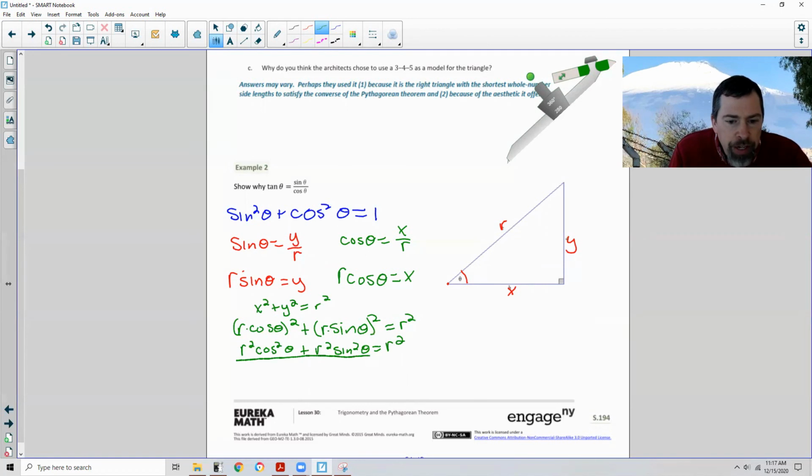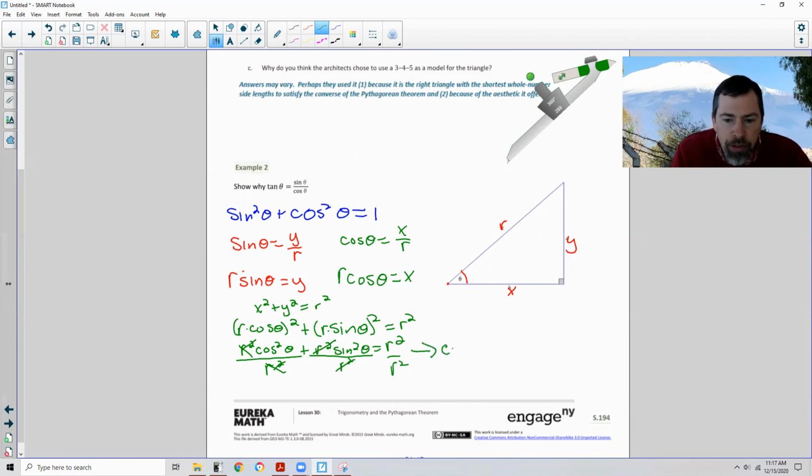So if I divide both sides, or all three terms I should say, by R squared, then this R squared cancels with this R squared cancels with this R squared, and anything divided by itself is 1.